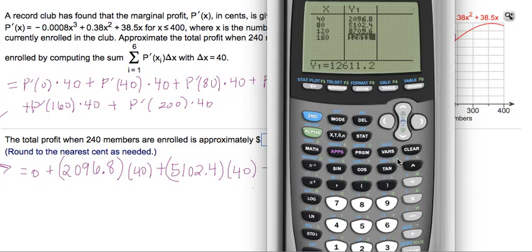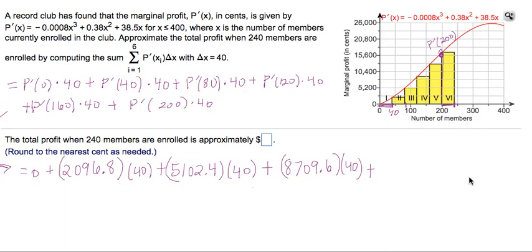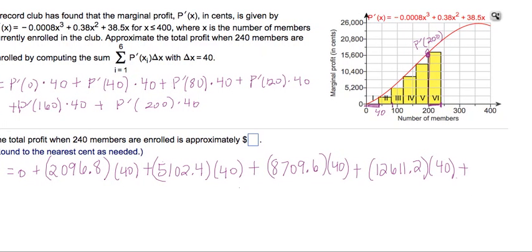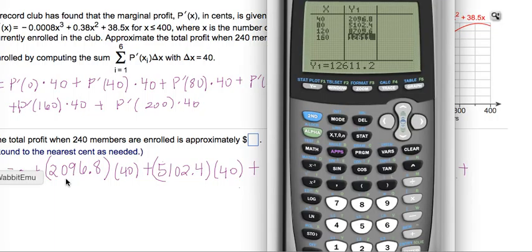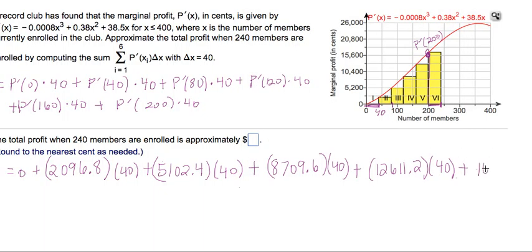The next one is 12611.2. Plus the last one is going to be P prime of 200, which is 16,500.